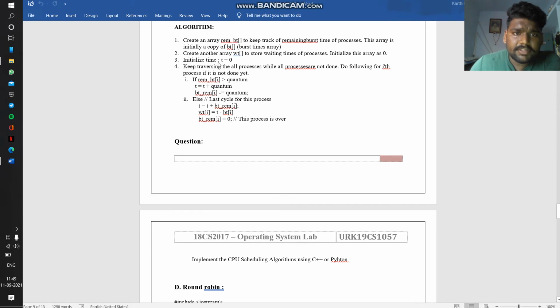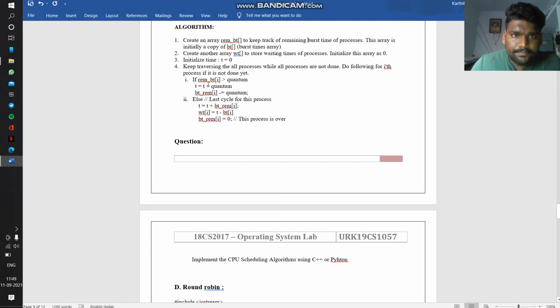and we have to initialize time t as 0. Keep traversing all the processes while all processes are not done. Do the following for the ith process if it is not done yet.